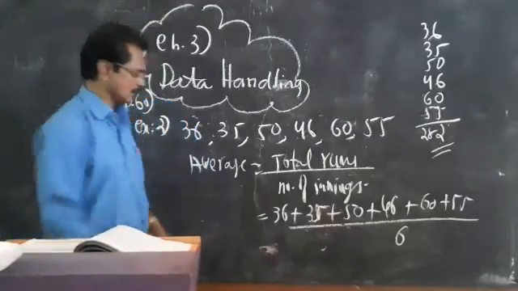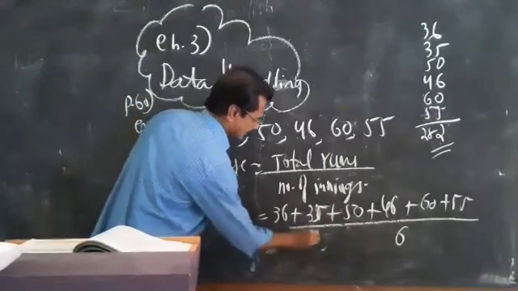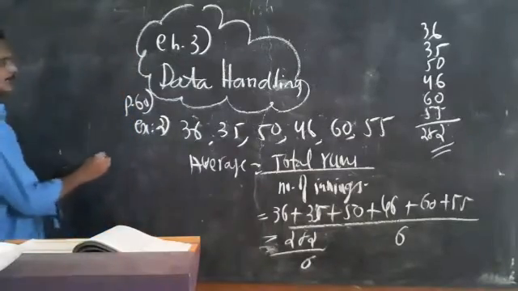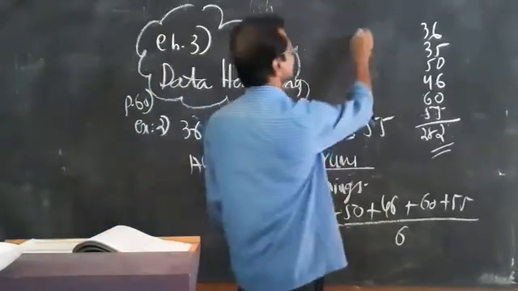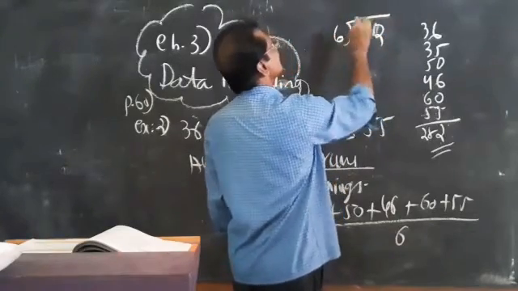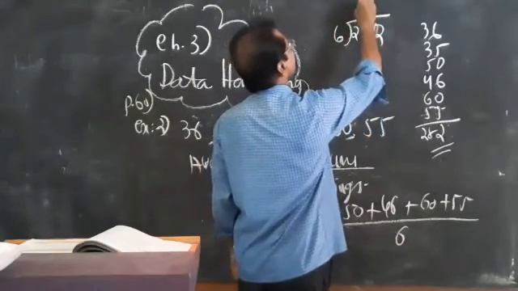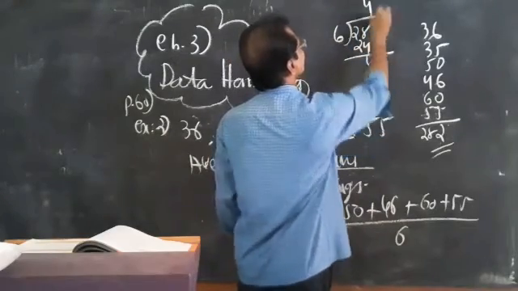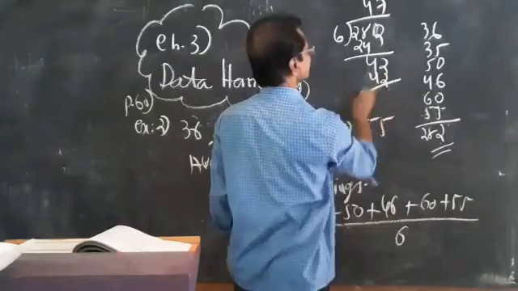Now we need to divide 282 by 6. 6 threes are 18, 6 fours are 24, remainder 4, 6 sevens are 42.